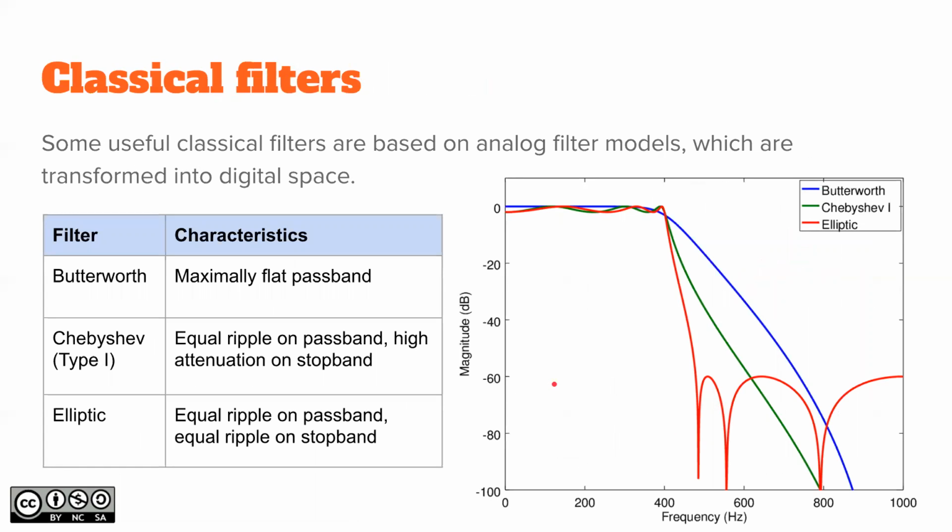Okay, but those classical filters and the same filters you have played with in your analog electronics, they are these digital corresponding filters, which are transferred to the digital domain using the bilinear transformation.